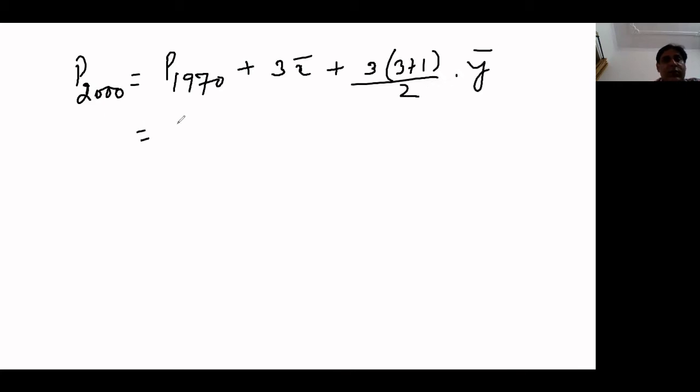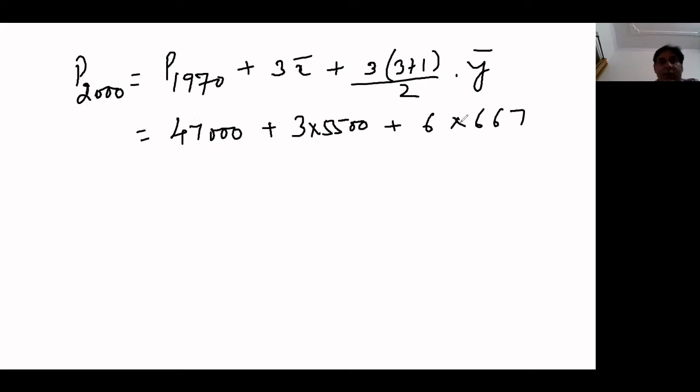Now, this is 47,000. 3 into 5500. This is 4 by 2, this is 6, right? Into 667. So your answer would be 67502. This is the way we go ahead with the incremental increase method, right?